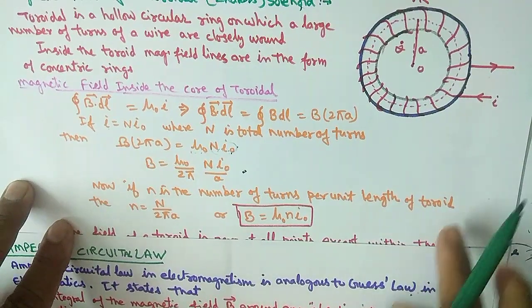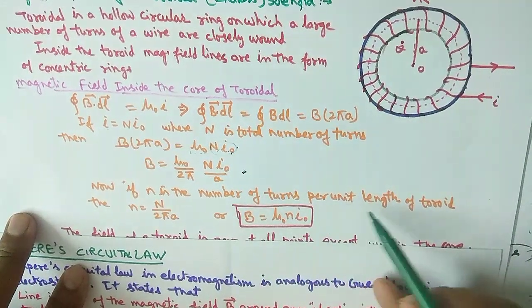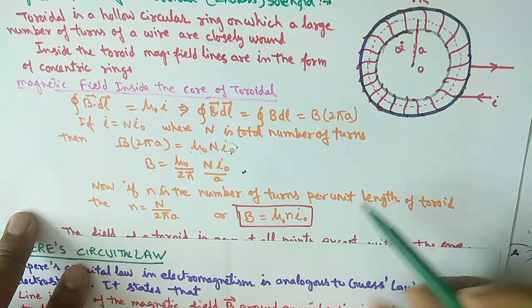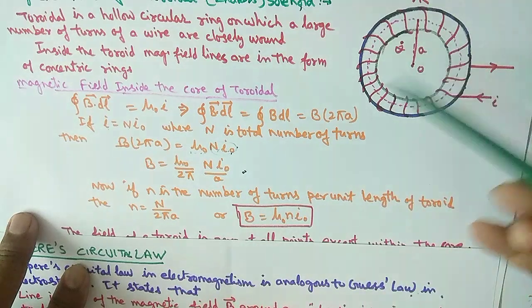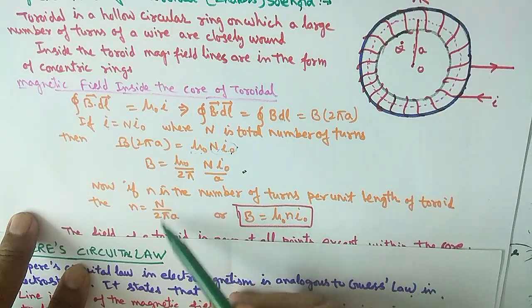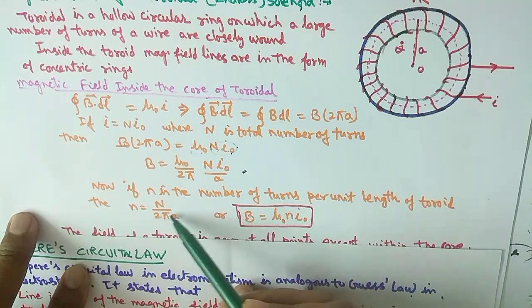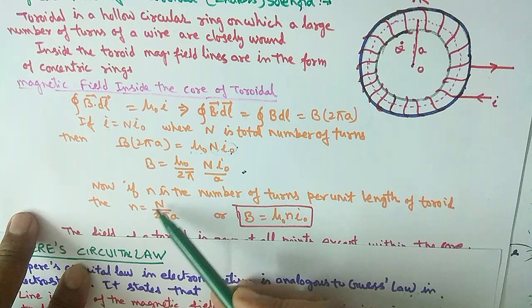Now to simplify, consider small n as the number of turns per unit length. The total length of the wire in the toroidal solenoid is 2 pi a, the circumference. So N upon 2 pi a is the number of turns per unit length of the toroid.